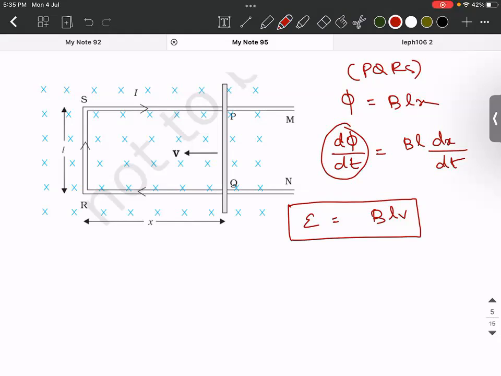So first make a note of this. Shall I proceed? Now see.